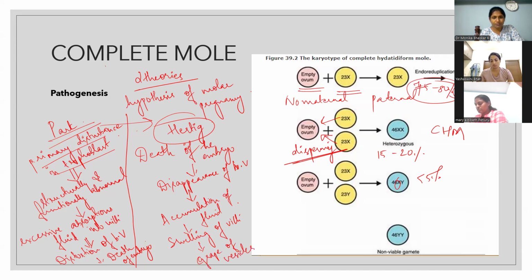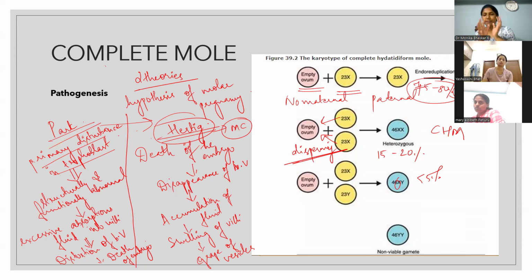So this is the newer theory, and the most accepted theory is Hertig's theory. If you ask which is most evolved and proven to be right, it is Hertig's theory. So this is the main hypothesis behind development of a hydatidiform molar pregnancy.